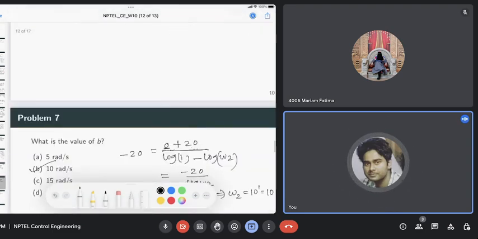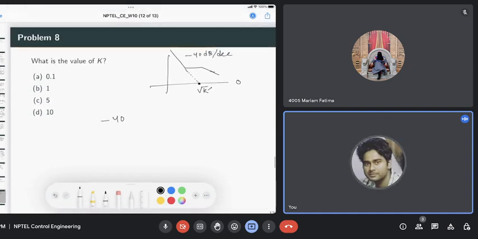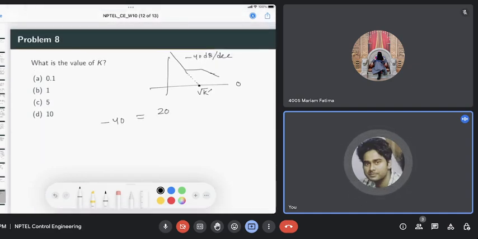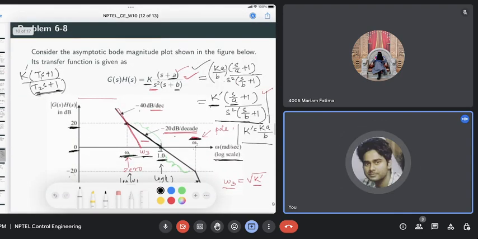So we'll write that. Minus 40 dB per decade is the slope, which we can also compute as 20 minus 0 over the corresponding log omega 1 minus log omega 3. So 20 and 0 are the y points on the red line, and the corresponding x points are log omega 1 and log omega 3.